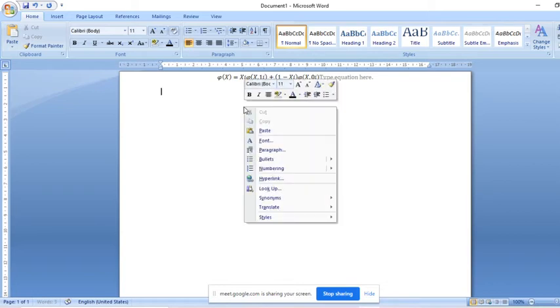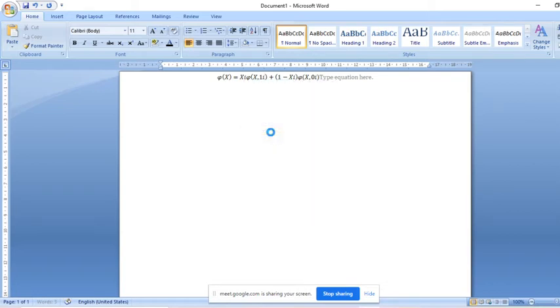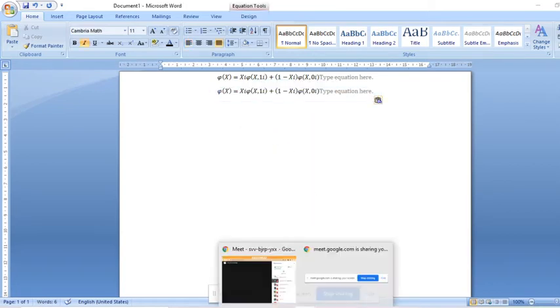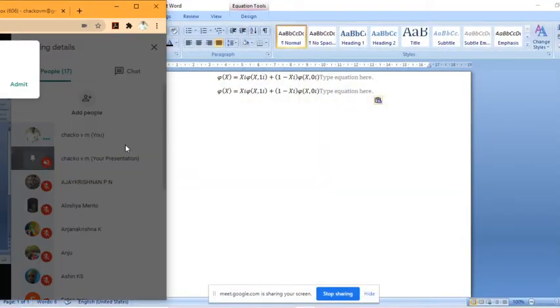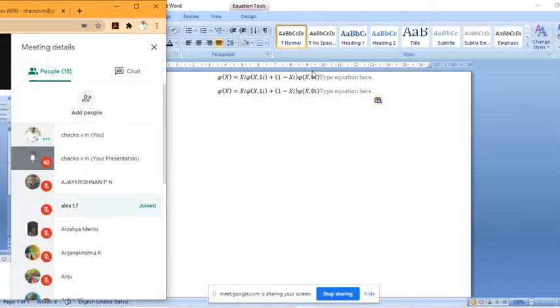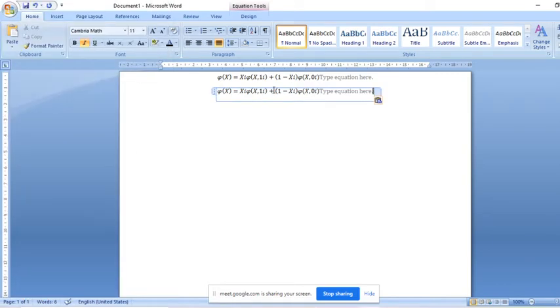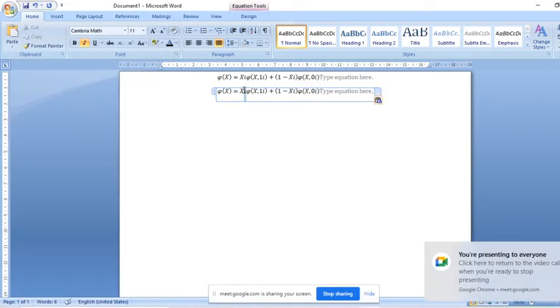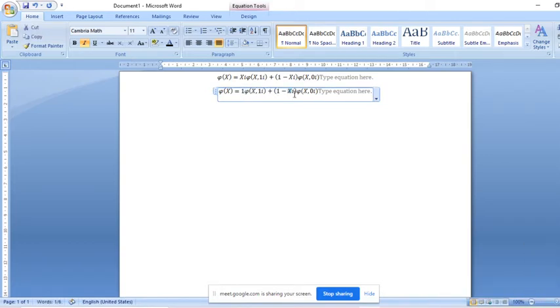Suppose xi equal to 1. Then it will be 1 and it will be 1.